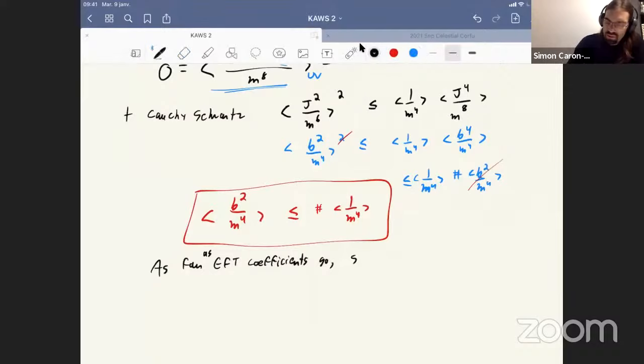States with S greater than M squared have size b less than 1 over M.